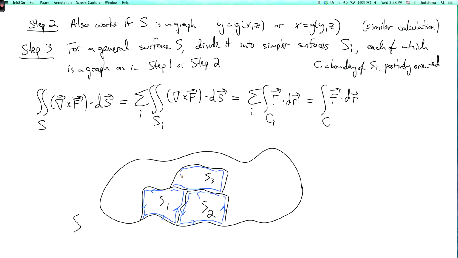So if you have the edge between two surfaces, then the positive orientation for one of the surfaces is opposite the positive orientation for the other surface. So everything in the interior cancels, and all you're left with are the parts of the curves of these surfaces that go along the boundary of the whole surface S. Okay, so this equality here holds because the interior boundary terms cancel in the sum. So that's the proof of Stokes' theorem.